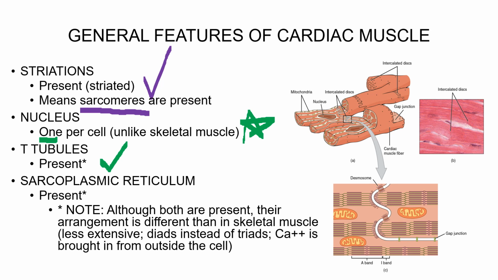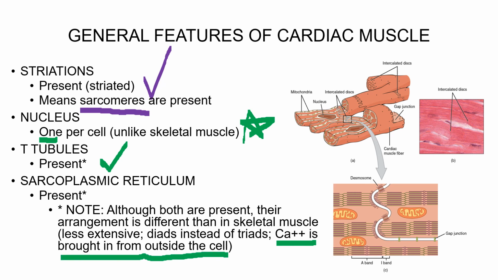And we also do have a sarcoplasmic reticulum in the heart. However, it's not used as extensively. It's not as important. As you can read, the sarcoplasmic reticulum still does store a little bit of calcium. But most of the calcium regarding the heart is actually brought in from the outside of the cell.